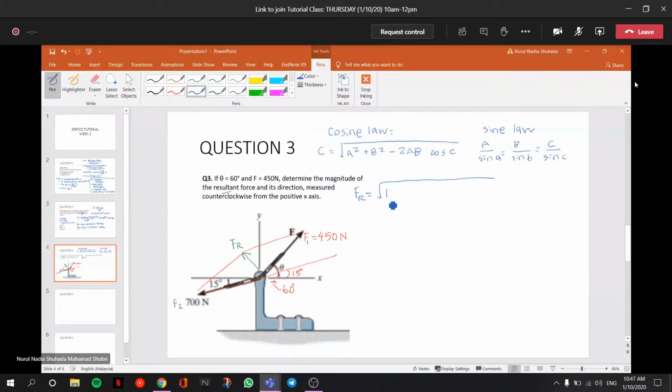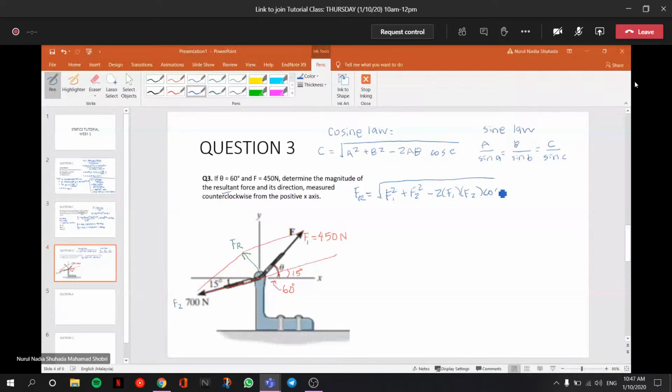So F1 squared plus F2 squared minus 2 F1 F2 cos c.